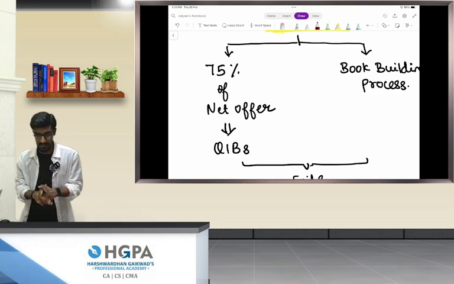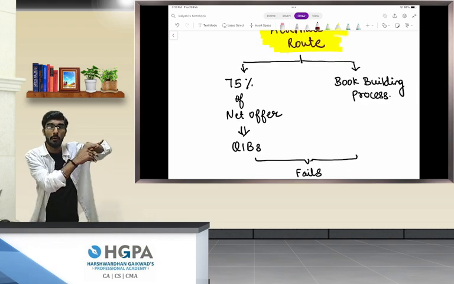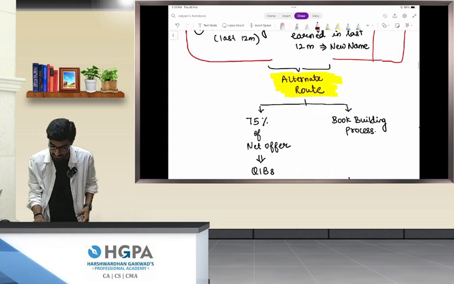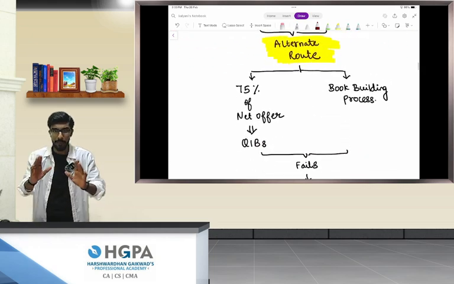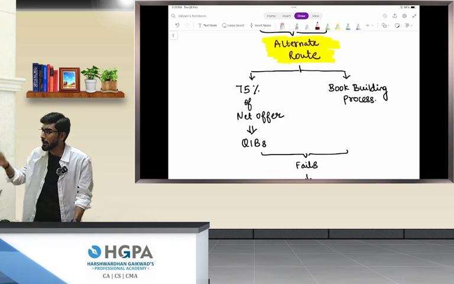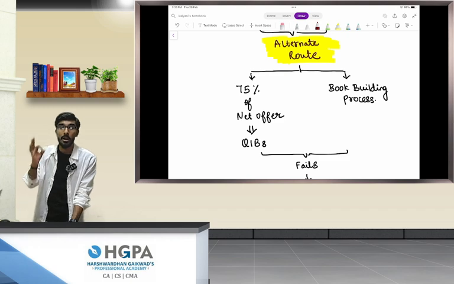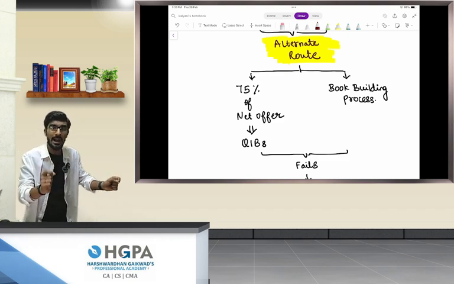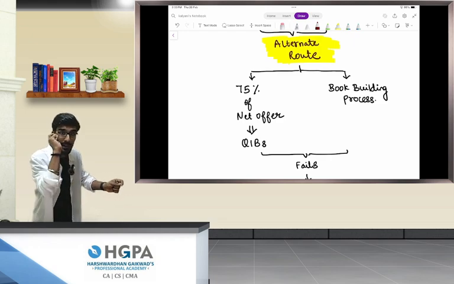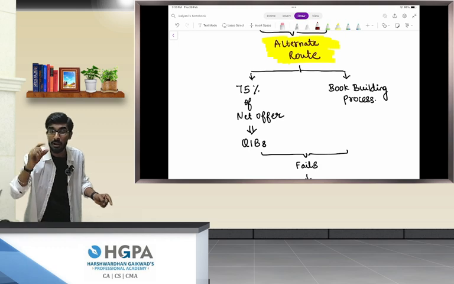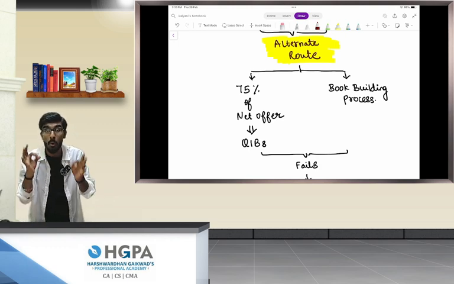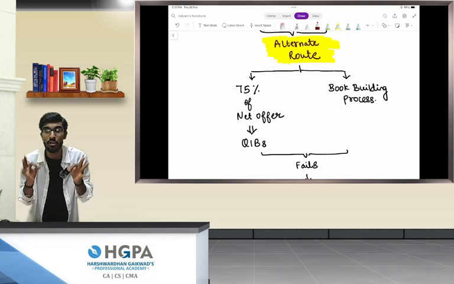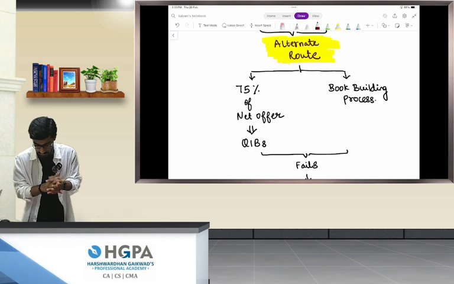So even if the company does not follow these 4 conditions, there is an alternate route whereby 75% of the net offer should be subscribed by qualified institutional buyers, plus the price at which you will allot the shares to them should be discovered through the book building process.